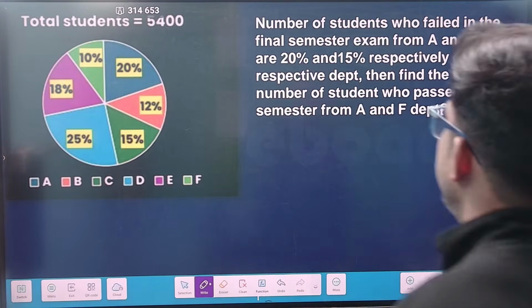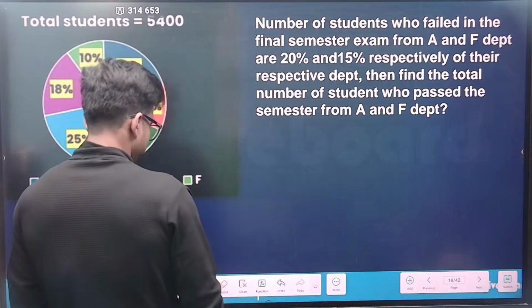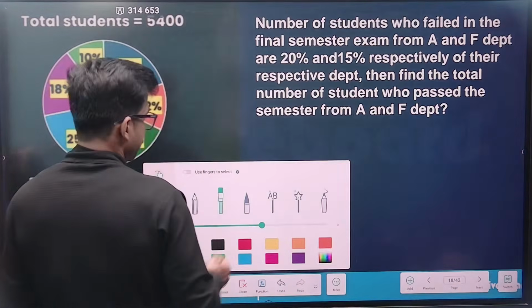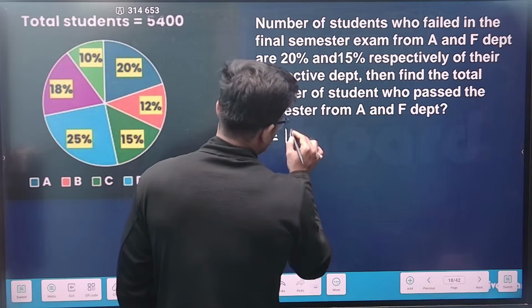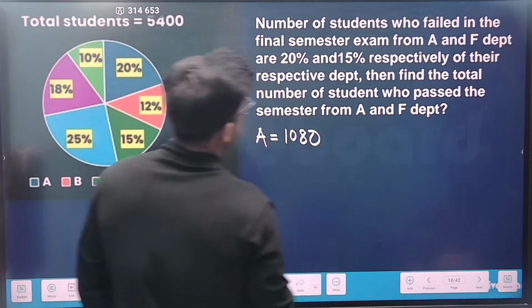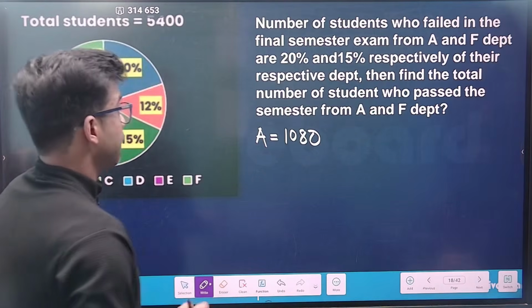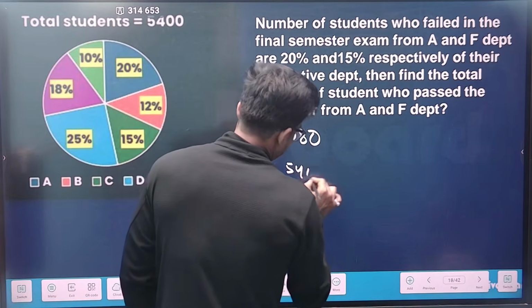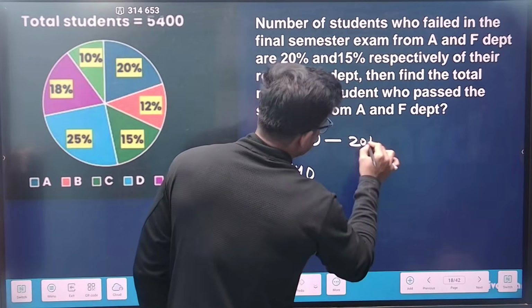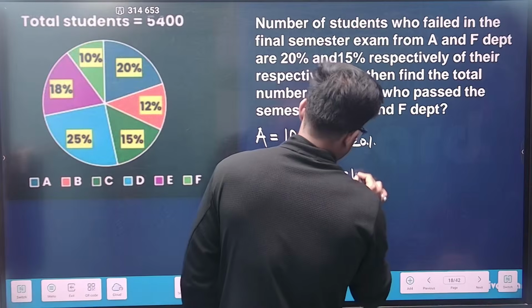Number of students who failed in the final semester exam from A and F departments. Now basically fail. First of all, we need to figure out the A department. I remember that A is basically 1080. And F was the last one, no? F is basically 540, if I remember. From here, 20% failed, and from there, 15% failed.